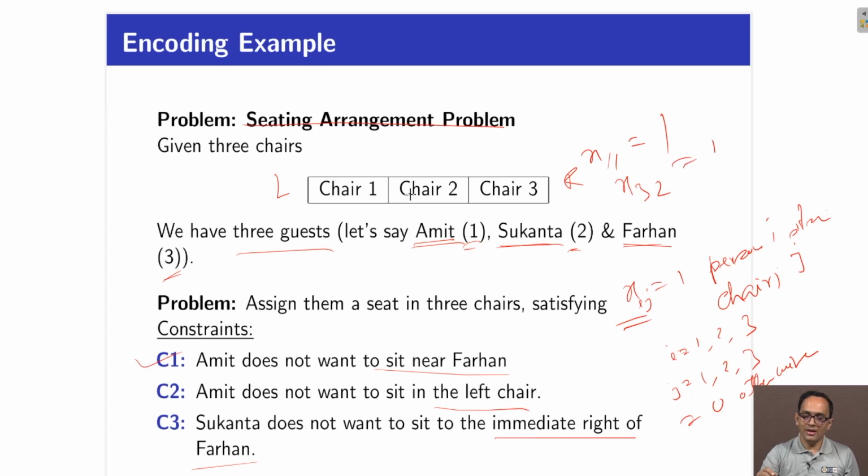And let us say x 2 3 equal to 0, it means Sukanto does not sit in seat number 3. So, this is how I identify my propositional constants. Obviously you can understand there are 9 possibilities, i can be 1, 2, 3, j can be 1, 2, 3. So, these are the propositional constants I have to encode this.